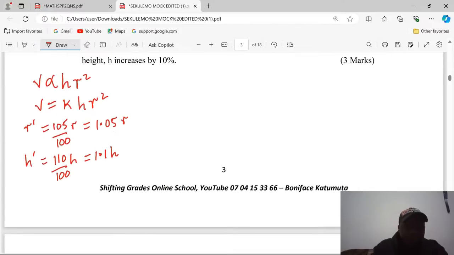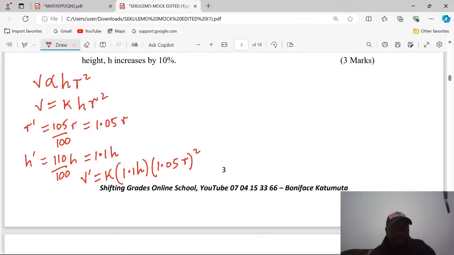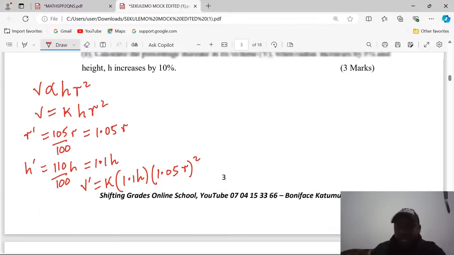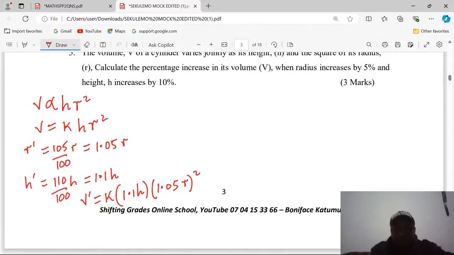With this now, we can calculate the new volume, or determine the constant multiplied by H. The new H is 1.1 times the original H, multiplied by R squared, and we square because the new R is 1.05 R. So now we can carry out the multiplication and know the exact value of V in the new case.